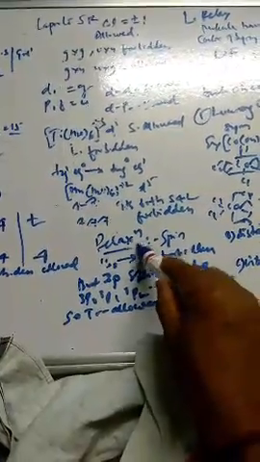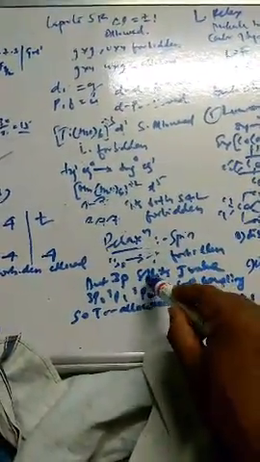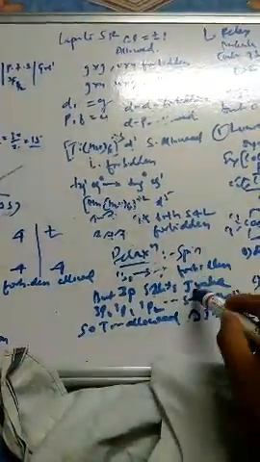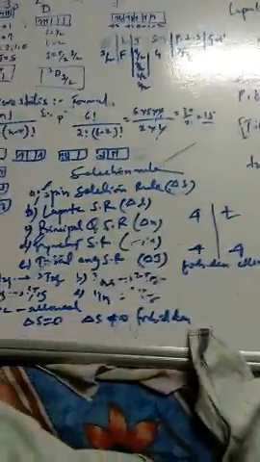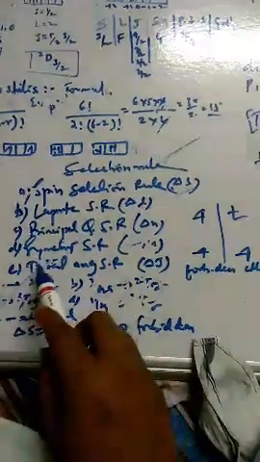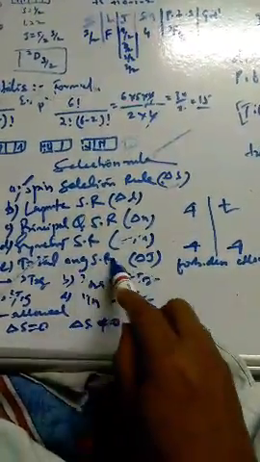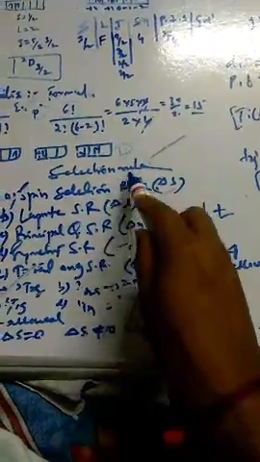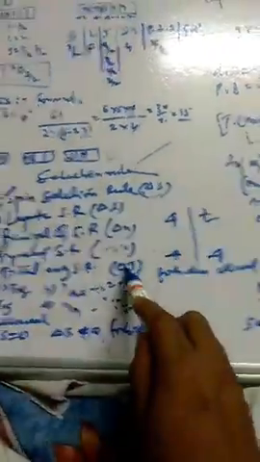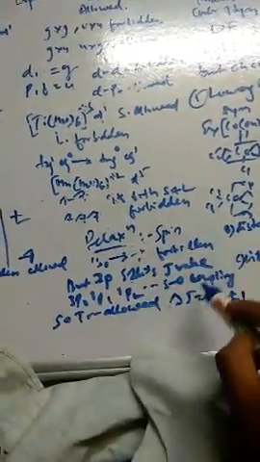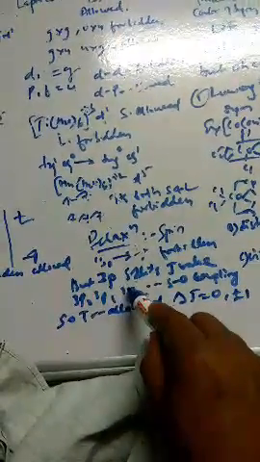Why? Because this triplet P in the excited state splits into different J values. That's why delta J. So the selection rule depends on the total angular momentum, delta J. You can see that triplet P splits into triplet P0, triplet P1, and triplet P2.